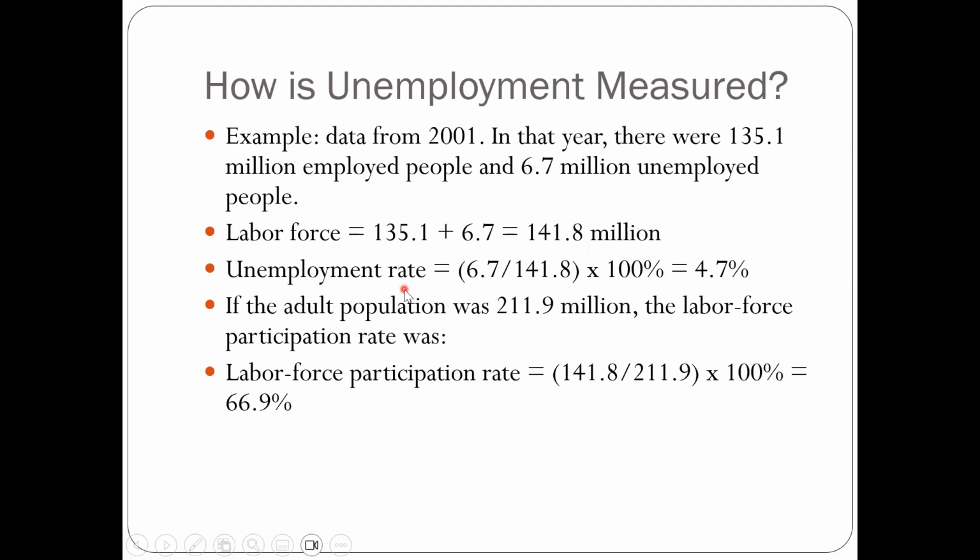This means we have an unemployment rate of 4.7%. What if the adult population was more than the labor force, equal to 211.9 million? Then the labor force participation rate equals the labor force divided by the adult population, multiplied by 100%. This gives a labor force participation rate of 6.9.